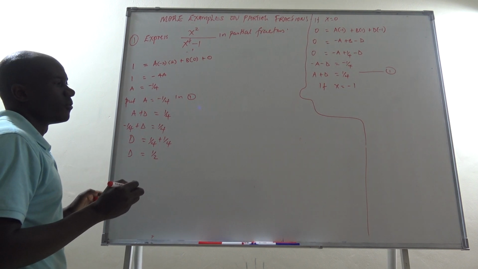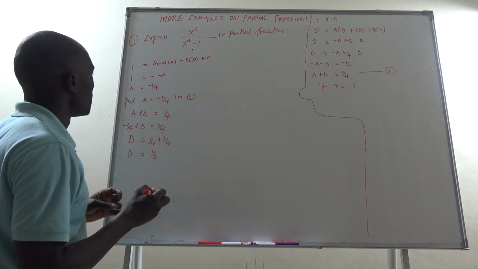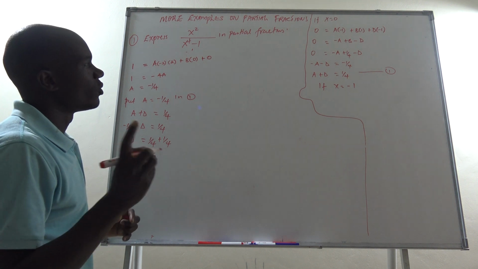We have already got the value of a, we have got the value of b, so we are remaining with the value of c.